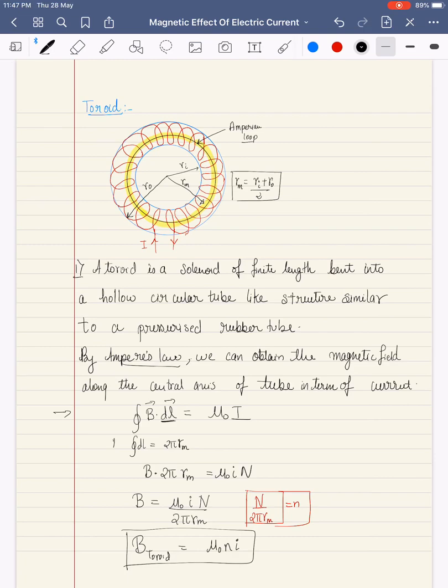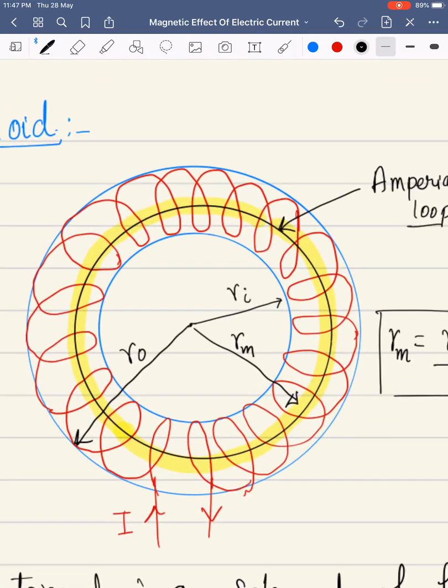Getting it clearly? And the Amperian loop is considered ideally within the toroid. I didn't consider an Amperian loop outside the toroid. Why? Because outside the toroid, the strength of the magnetic field is 0. Same is inside the toroid.